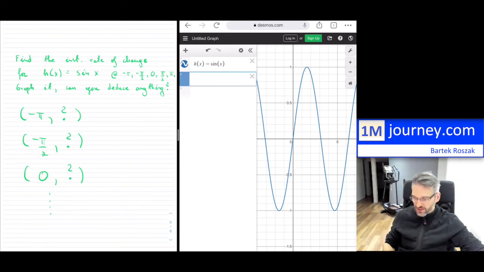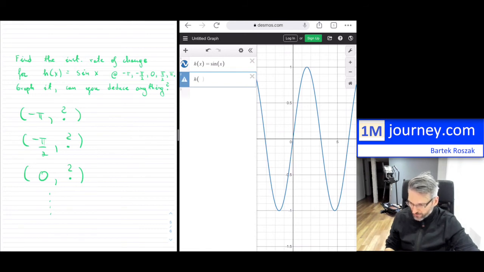So the instantaneous rate of change at negative pi is going to be my first point. I'm going to say h right here, at negative pi.